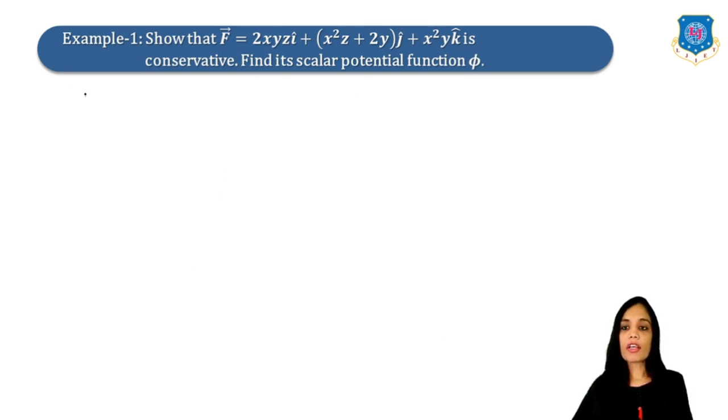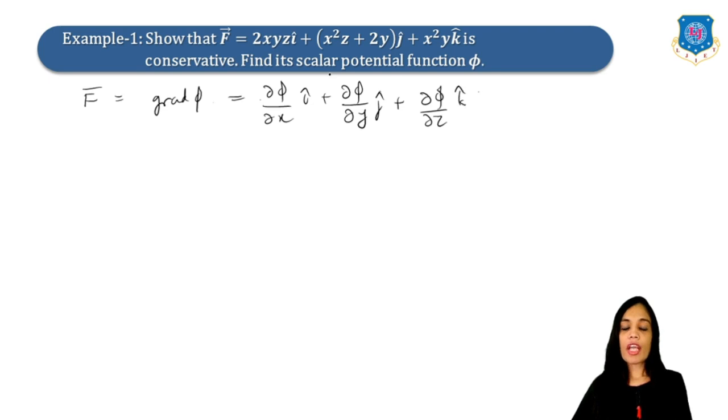We know that f bar is equal to grad phi if our field is conservative. We know the formula of gradient: del phi by del x i cap plus del phi by del y j cap plus del phi by del z k cap. And our f bar is 2xyz i cap plus (x square z plus 2y) j cap plus x square y k cap.